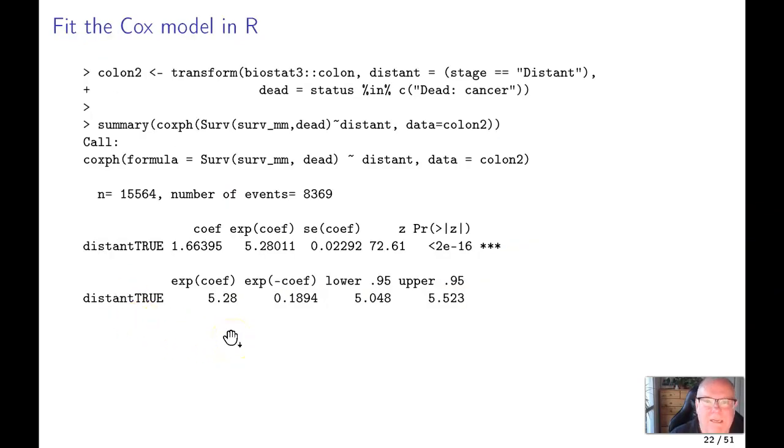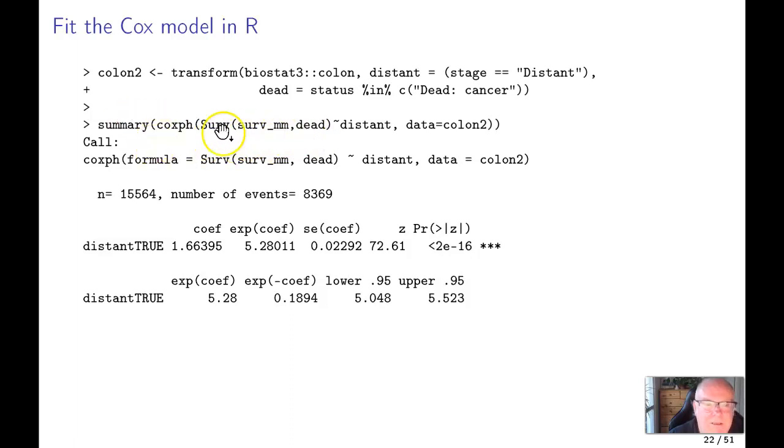So, let's fit the model. Firstly, I'm just going to do a little bit of data transformation. I'm going to create an indicator variable for distant stage. I'm going to create an indicator variable, which is dead due to cancer, and then I'm going to fit the model.